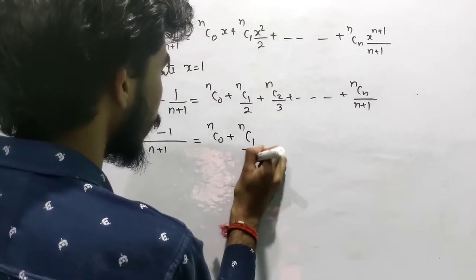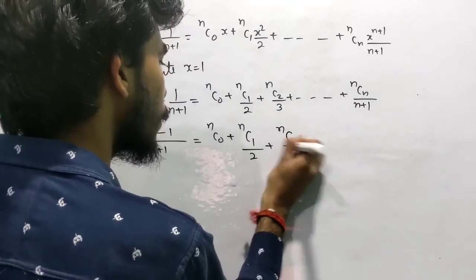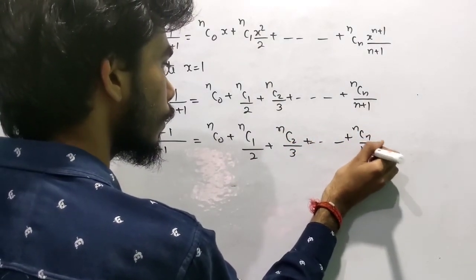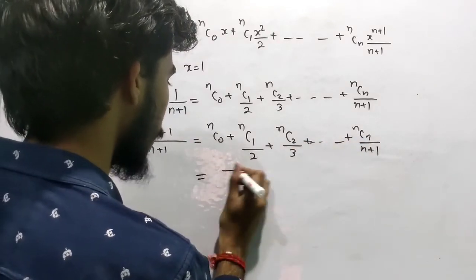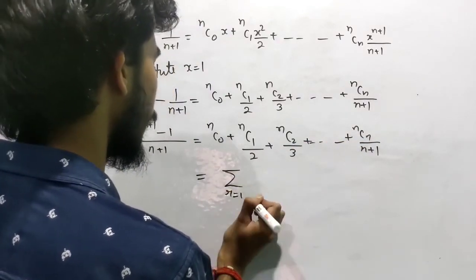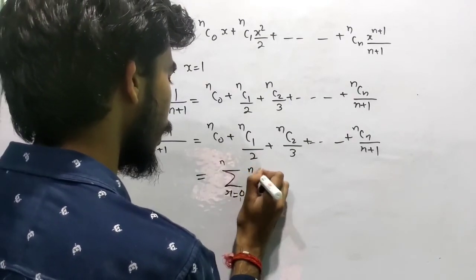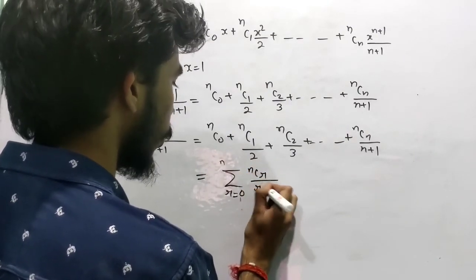So this is the sum of binomial coefficients. We can also express this in the form of sigma r equals 0 to n nCr upon r plus 1.